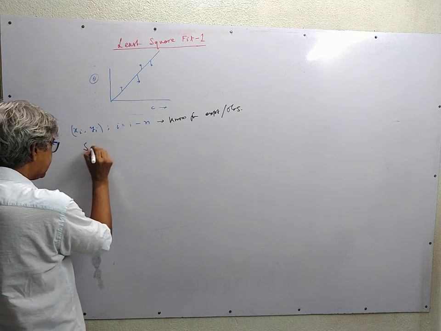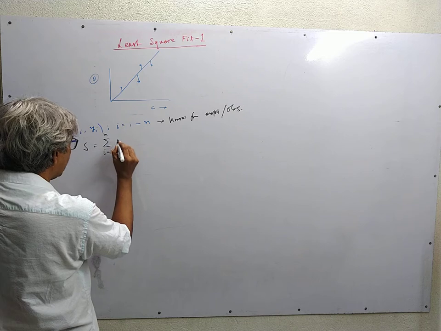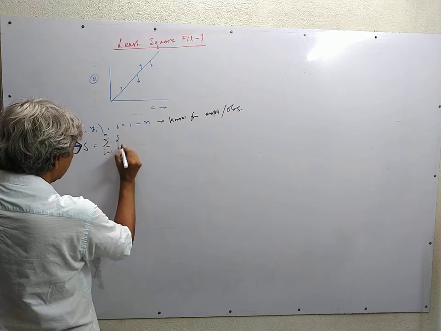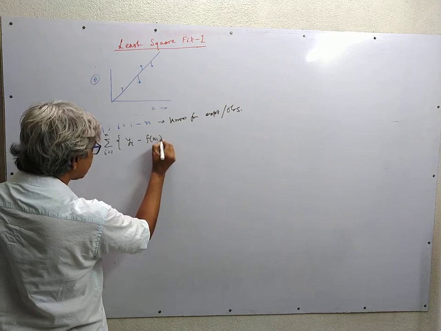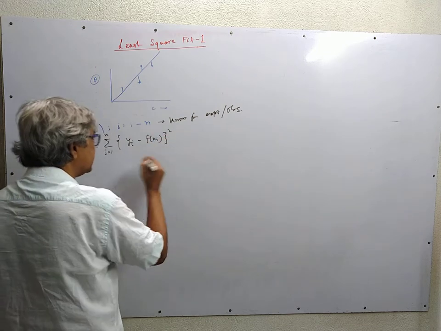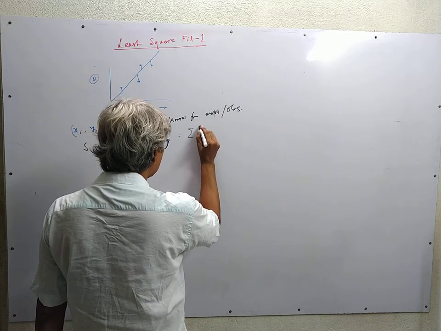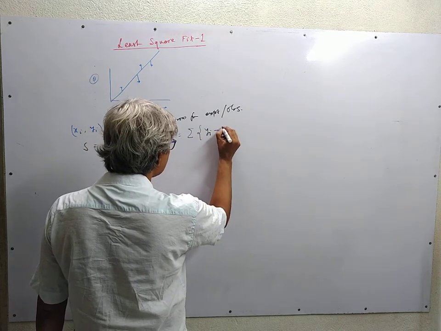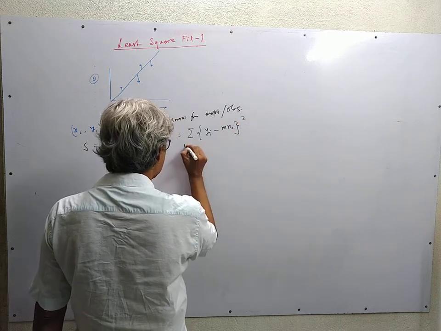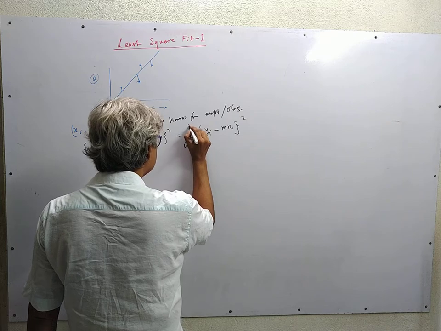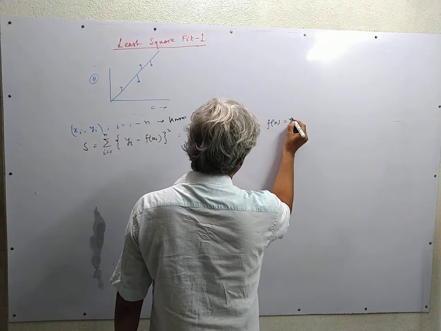We write s is equal to summation over i equal to 1 to n of yi minus f of xi, whole squared, which in this case becomes this, as we assume f of x is equal to mx.